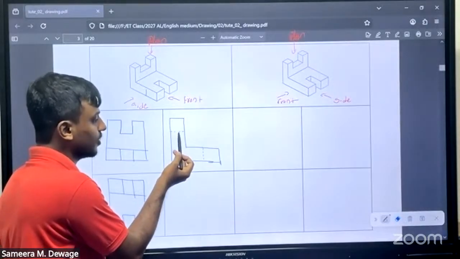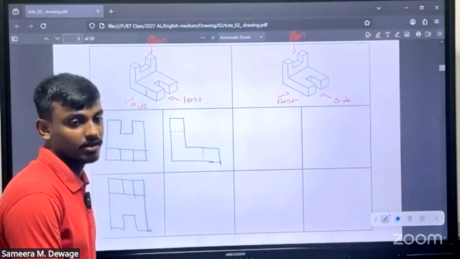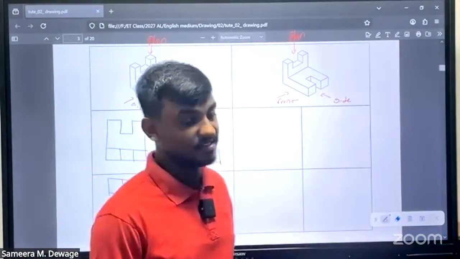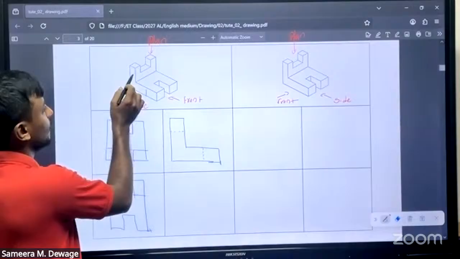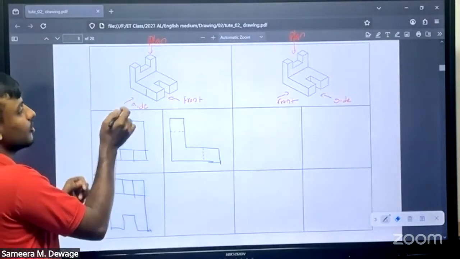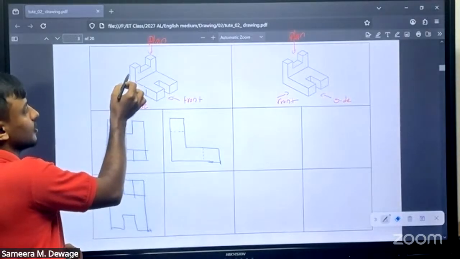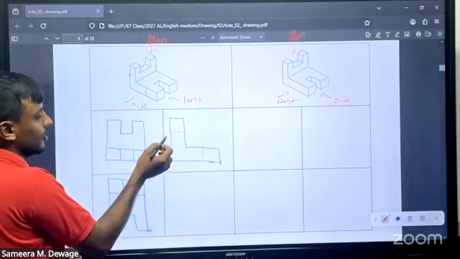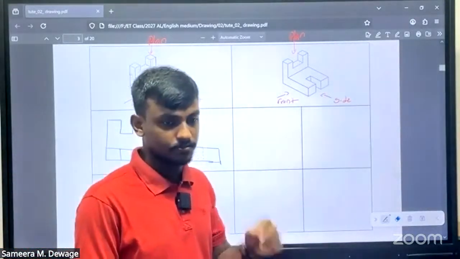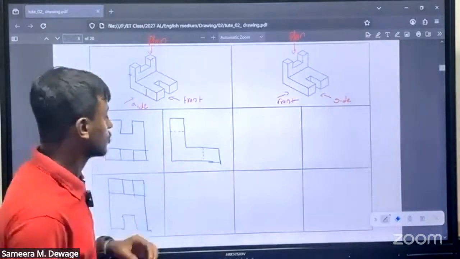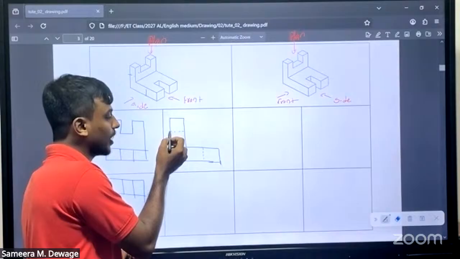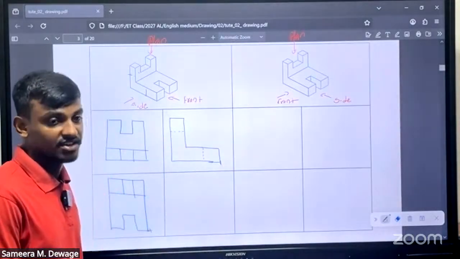Here you can see there is a dash line. So why do we use this dash line? To show hidden lines, hidden edges. If you look from this side, there is a hidden line. That hidden line we need to show on our drawing. We can represent it with a dash line.